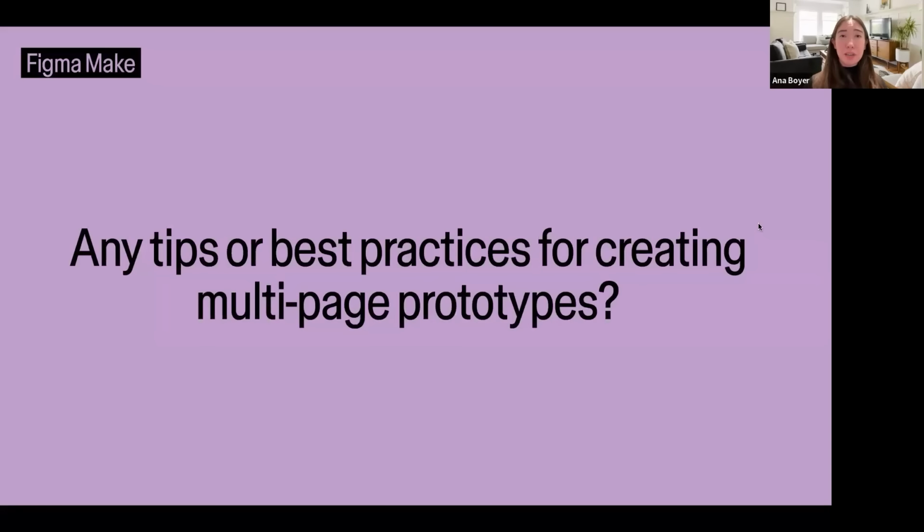So generally we recommend, if you've got multiple screens, prompt one screen at a time in separate prompts. It's also going to make it a lot easier to make adjustments. If it's just implementing one screen, it's pretty easy to use the point and edit tool and go into the code to make the adjustments that you want.